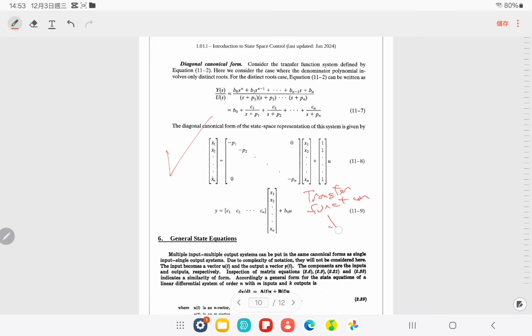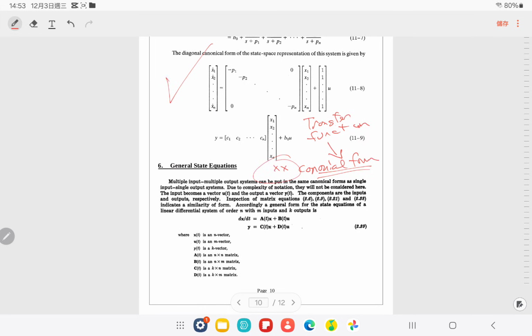You need to know how to change it to a given canonical form. That's the most important thing for you to know. I'll give you a transfer function, and you need to change it to the canonical form. And I think that is it.